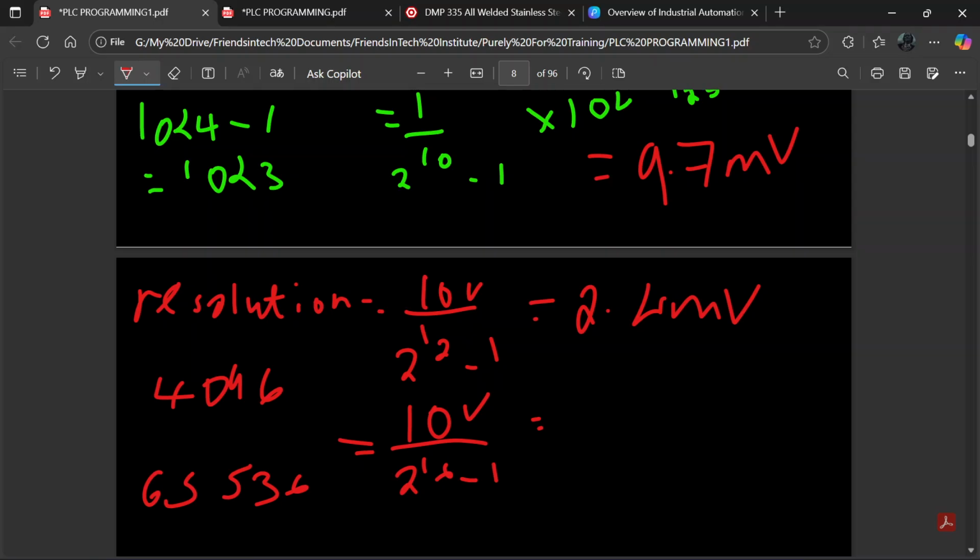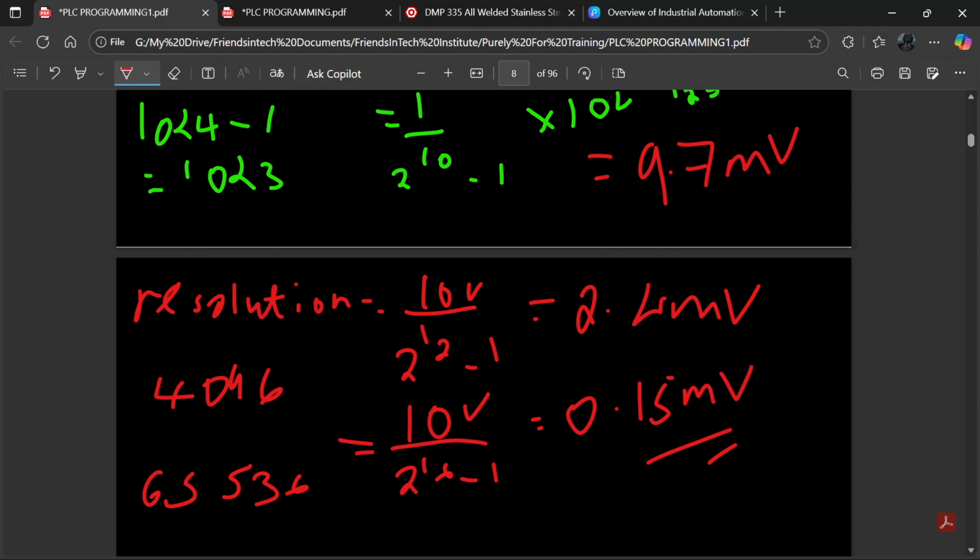Then let's divide by 10. So 10 divided by 65,535, that is 0.15 millivolts. So I want you to look at the accuracy and the sensitivity.